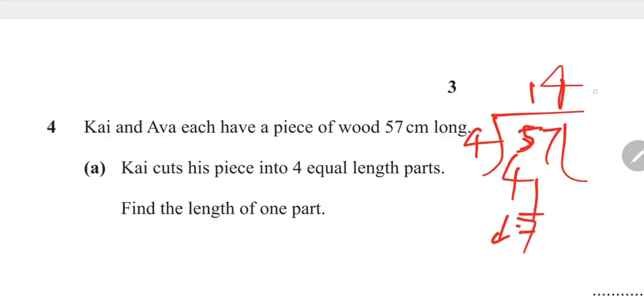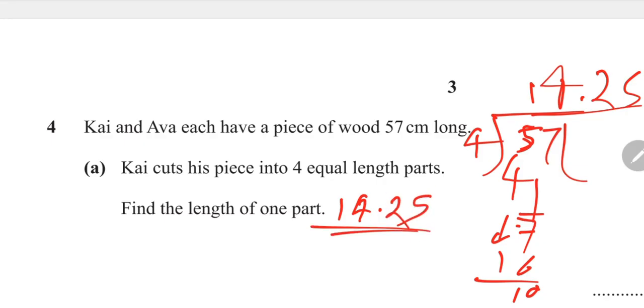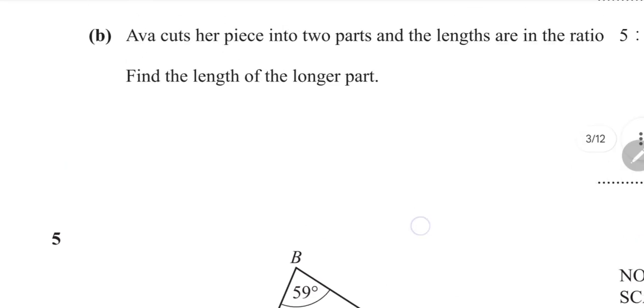So 4 times 1 is 4, then decimal, 10, 4 2 times is 8, 20, 4 5 times is 20, so 14.25. So Kai cuts his piece into 4 equal parts. The length of each part is 14.25 centimeters. Okay, so it is very easy. You just divide. Next question.